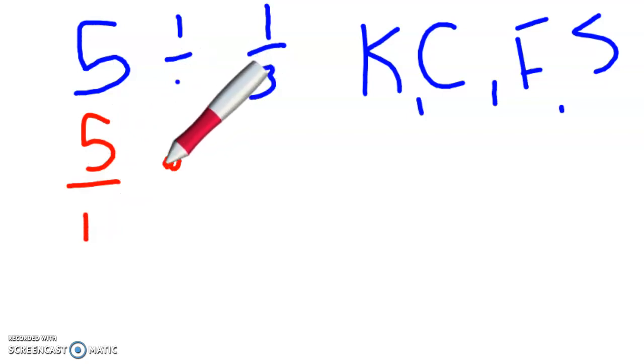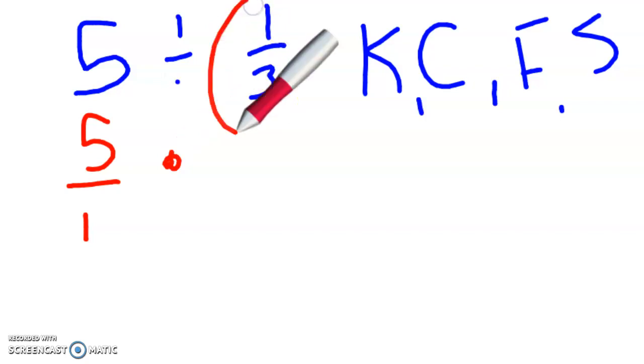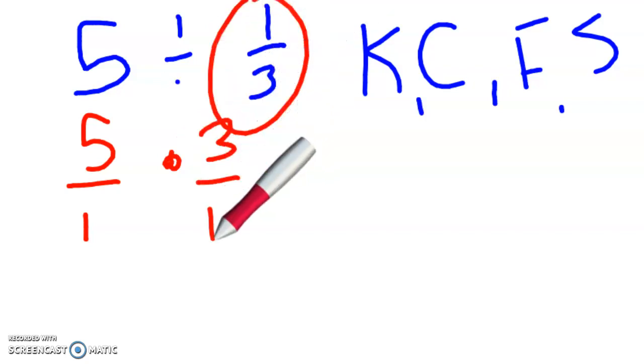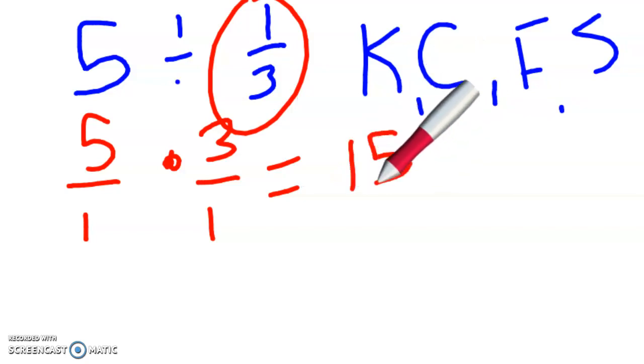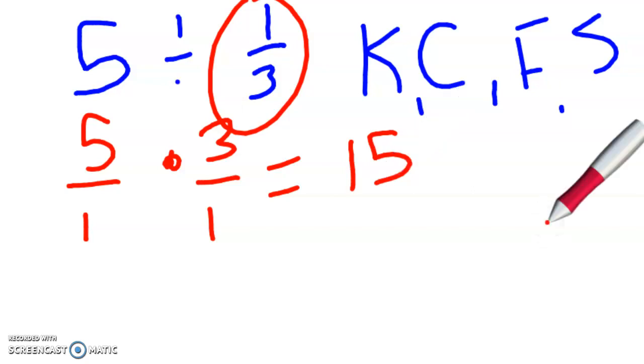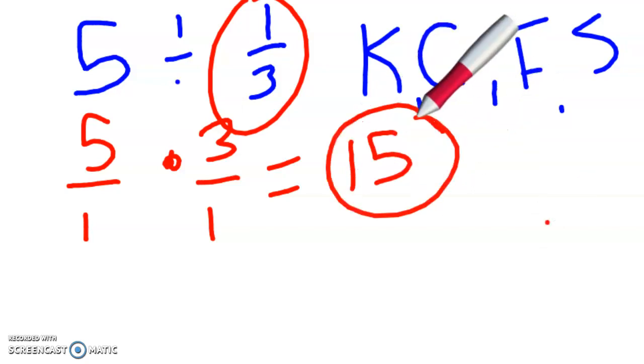And we're going to multiply it, and we're going to flip this to 3/1, and we're going to simplify it. We can't. So it's going to be 5 times 3 is 15, and 1 times 1 is 1. And if we're using it as a fraction, 15/1 is actually a whole number, which is 15.